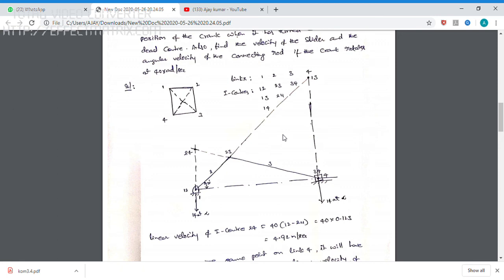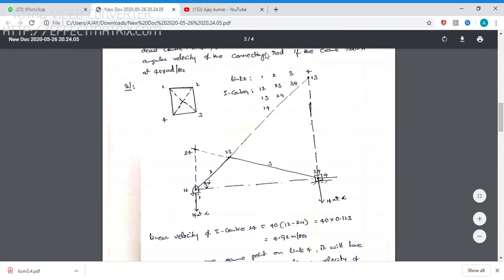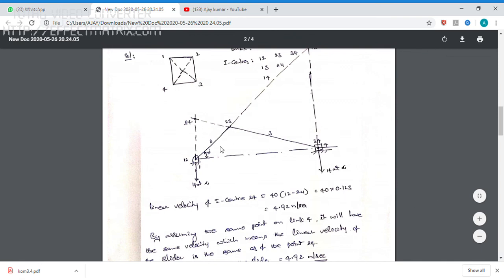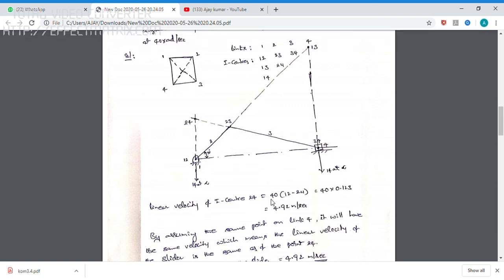Now the second bit. What is the second bit? Also find the linear velocities. Suppose the linear velocity of the instantaneous center 2,4 point.